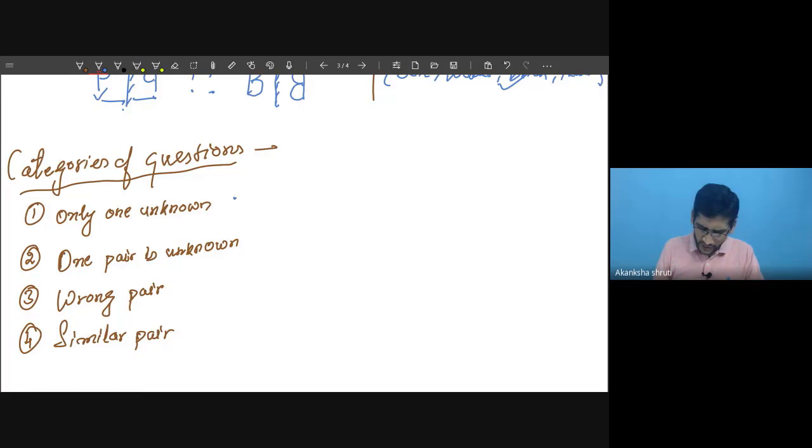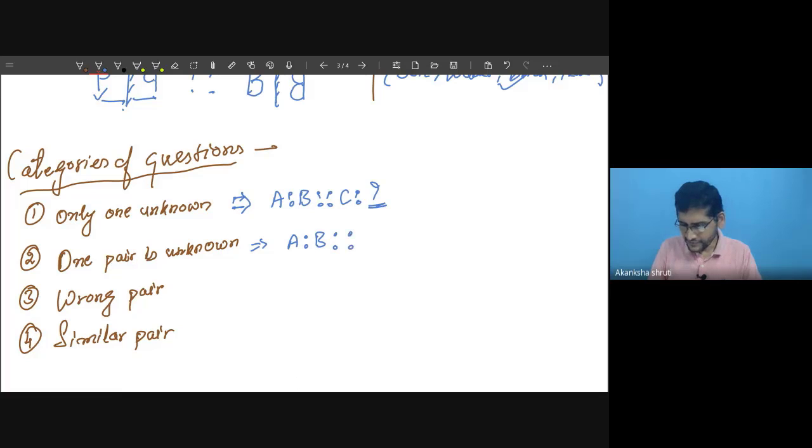So in one unknown, how is the question? The question is like this. You may be given A is to B, double colon C is to what? So only one unknown. In this case, A is to B is given, and you have to determine the entire pair.